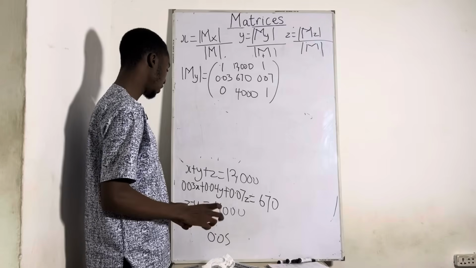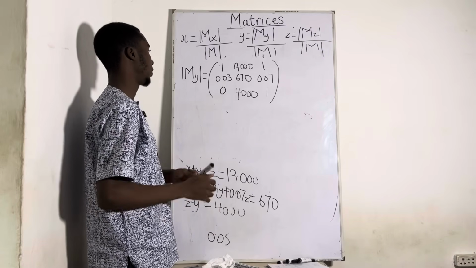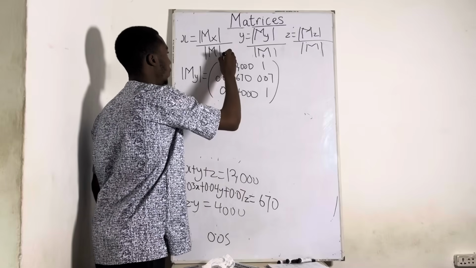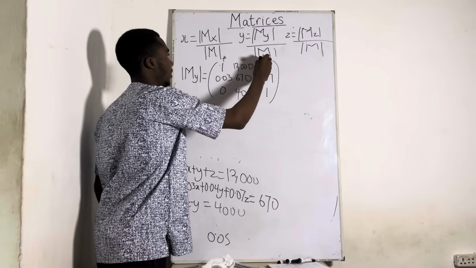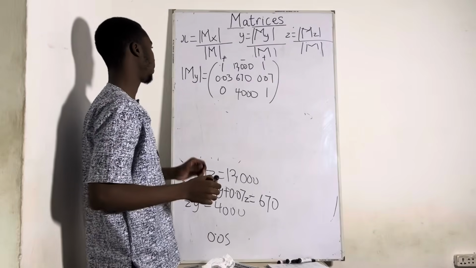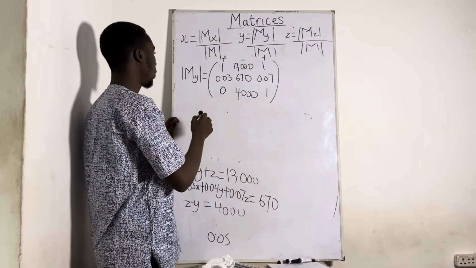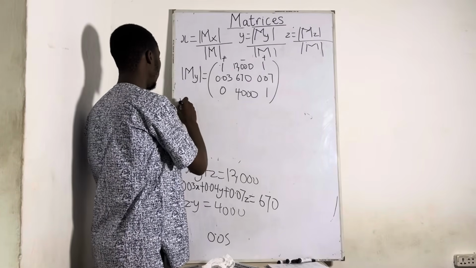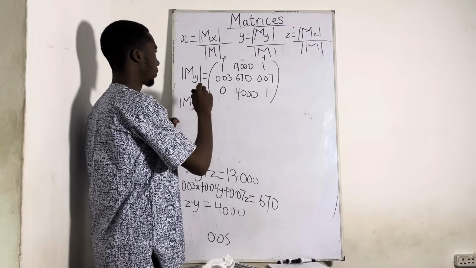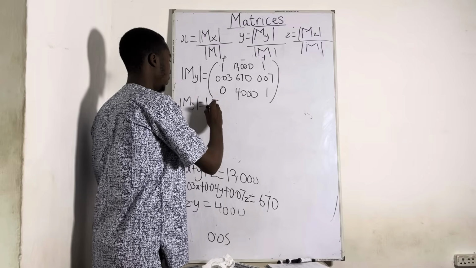Yes. So now that we've got the values, we can find the determinant. So we use the same approach. So don't forget plus, minus, plus. Get it? So don't forget that. So now our determinant of MY is going to be 1. Then you open the big brackets.